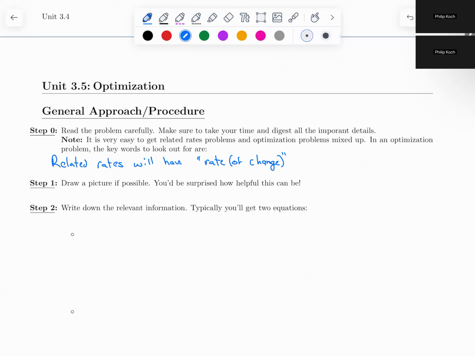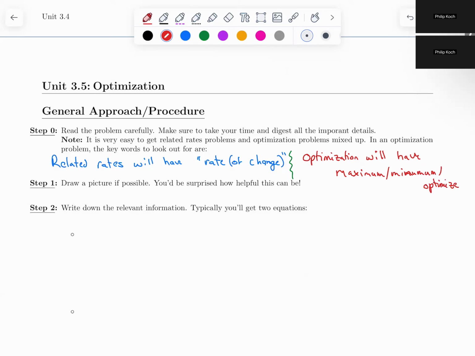You don't need to think about anything else besides doing related rates techniques. Whereas optimization will have maximum / minimum / optimize.